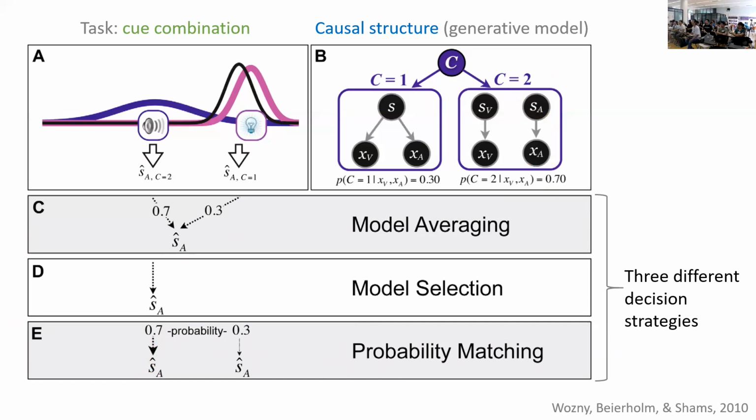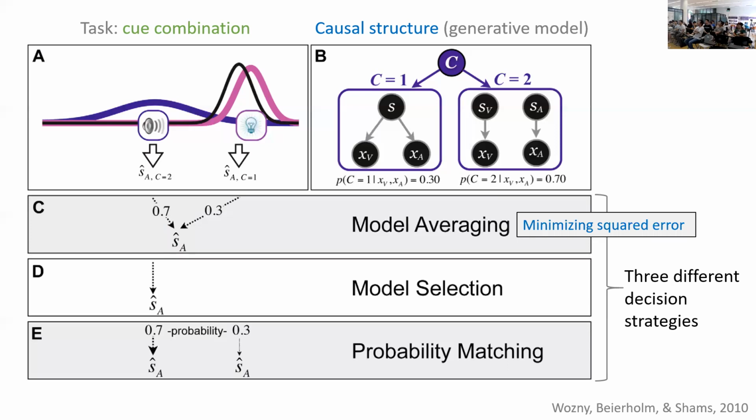What I'd like to point out here is that the first two decision strategies are Bayesian, but the third is not. For the first one, model averaging, if you are trying to minimize the expected squared error of your final estimate, then model averaging is the best thing to do.